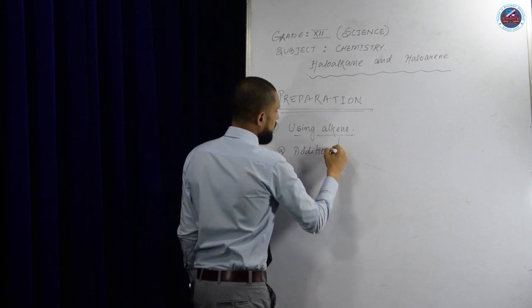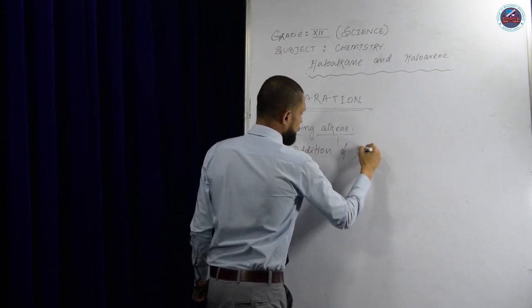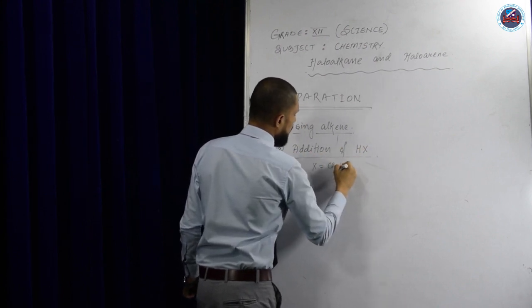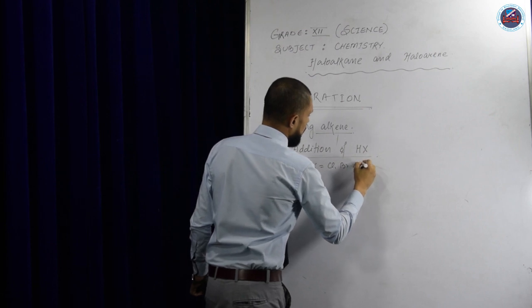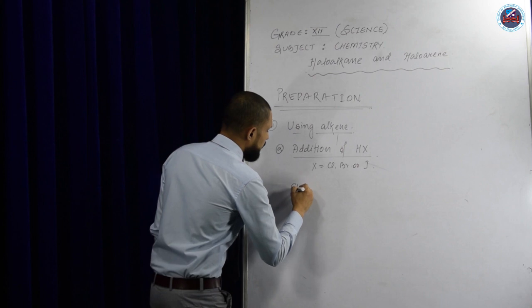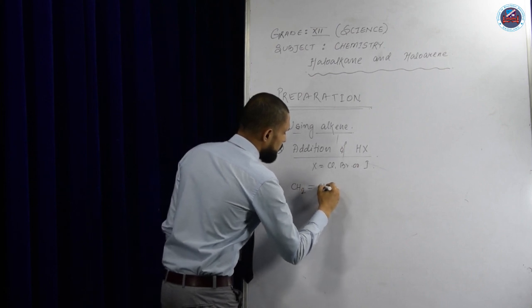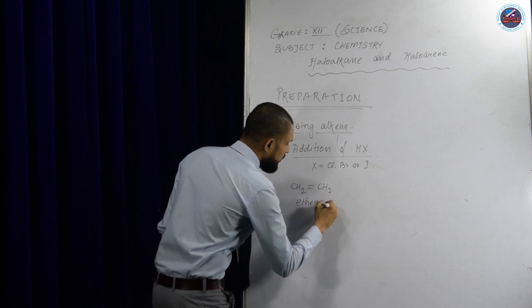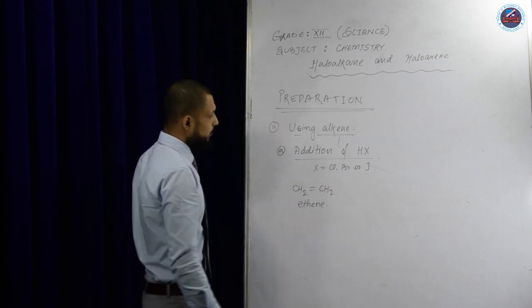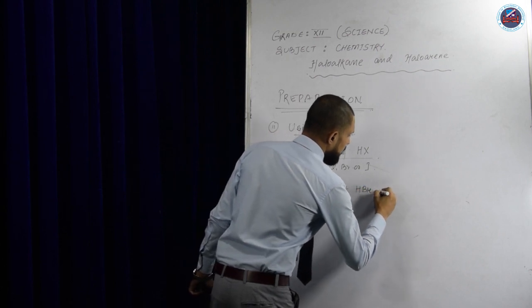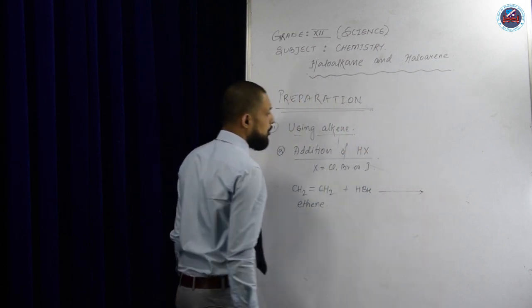Addition of halogen acid, HX, where X can be Cl, Br, or I. So let us take an alkene, that is CH2 double bond CH2, and the name of this alkene is ethene, and HBr, hydrogen bromide.